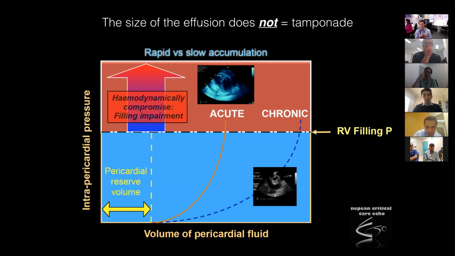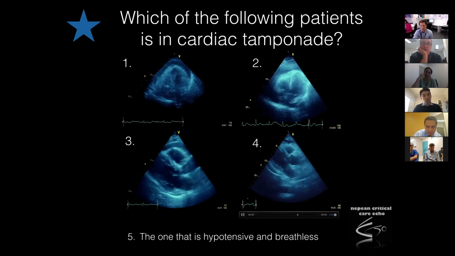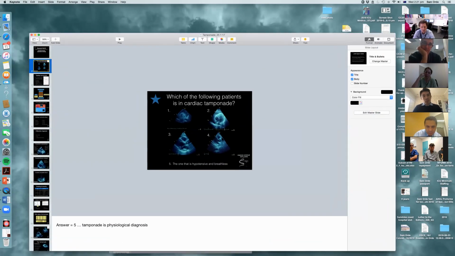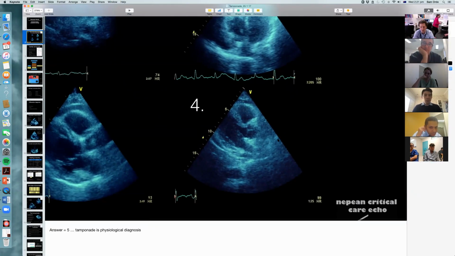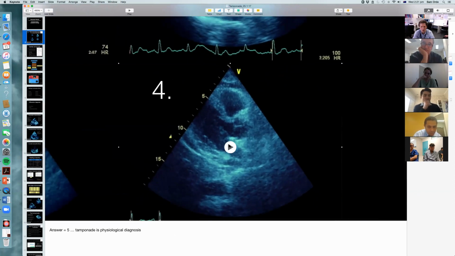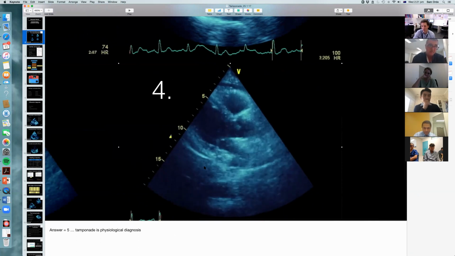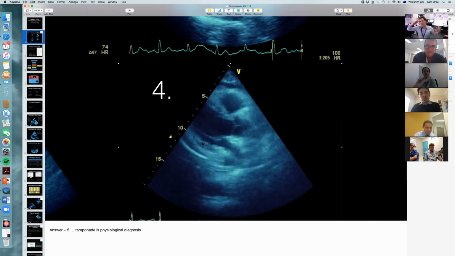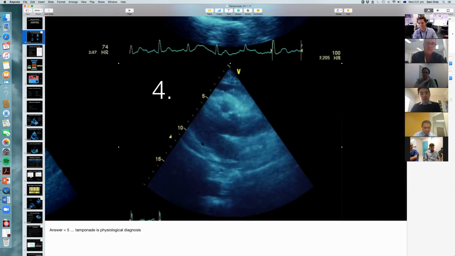I think that's the classic way it's described. Like this one here, we can see a pericardial space all the way through the cardiac cycle, so that would be small for me. If during end diastole you miss some of it, then that would be the physiological one for me.